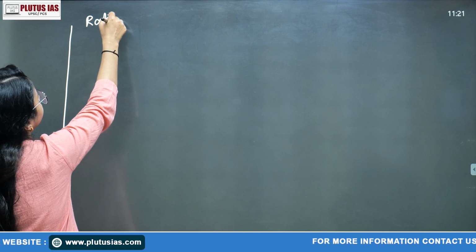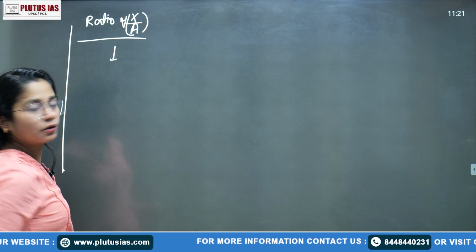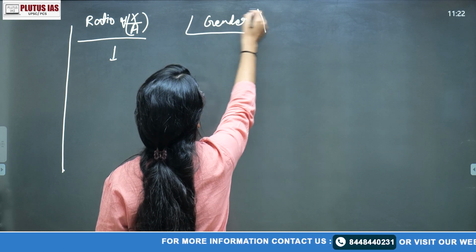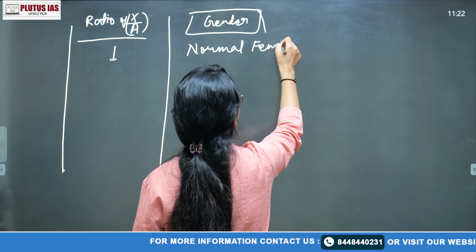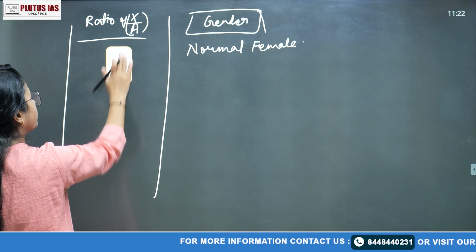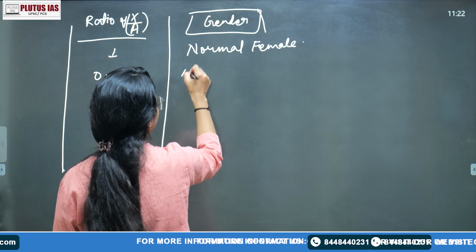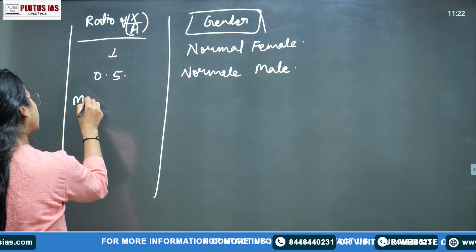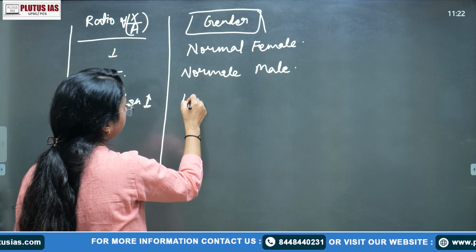When the ratio of X to A, that is autosome, is 1, the gender will be normal female. 0.5 is your normal male. More than 1 is your meta female.